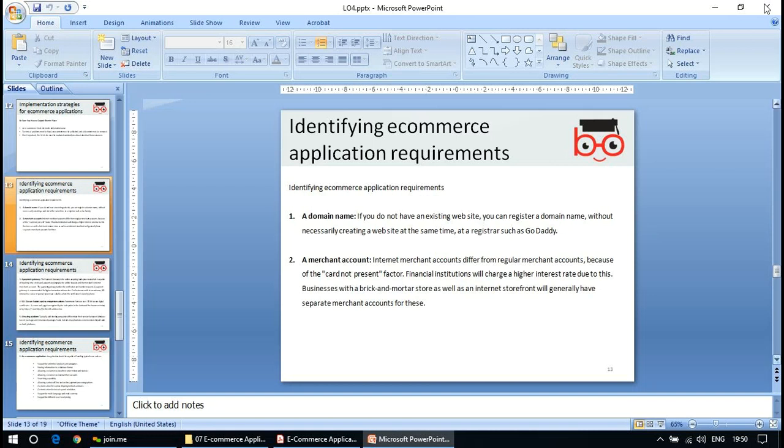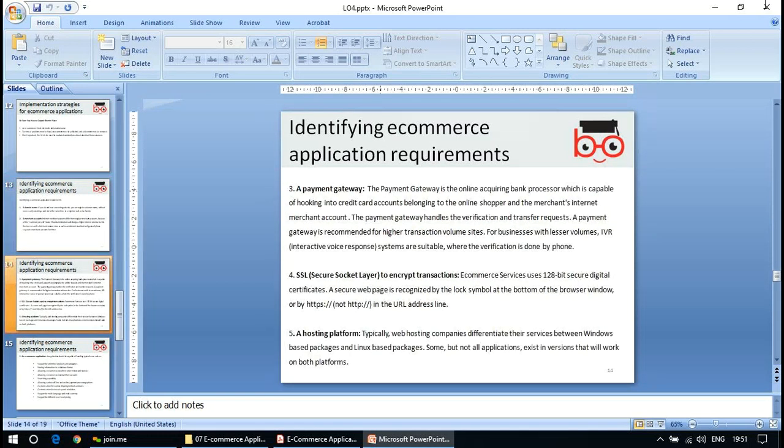Two types of merchant accounts you need. Then a payment gateway. A payment gateway is an online acquiring bank process. Like we discussed, in a normal case you won't be able to charge any card. That would be the responsibility of the payment gateway.